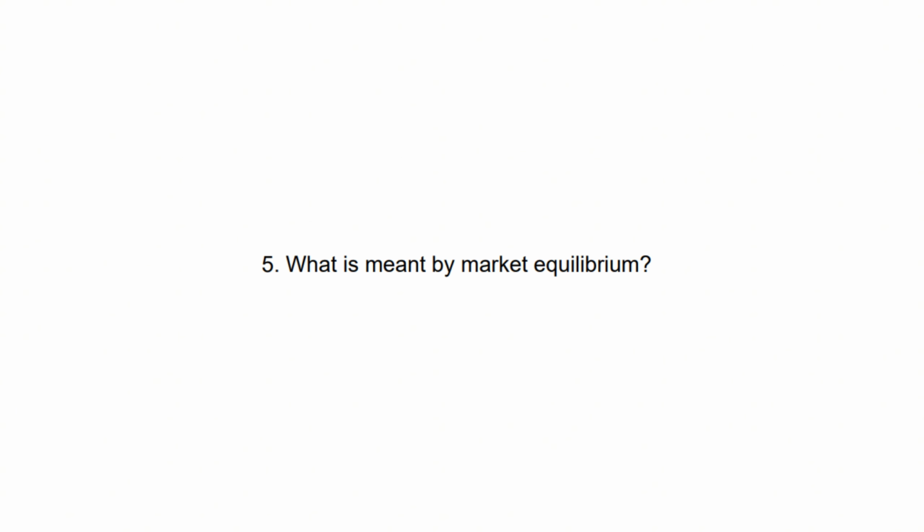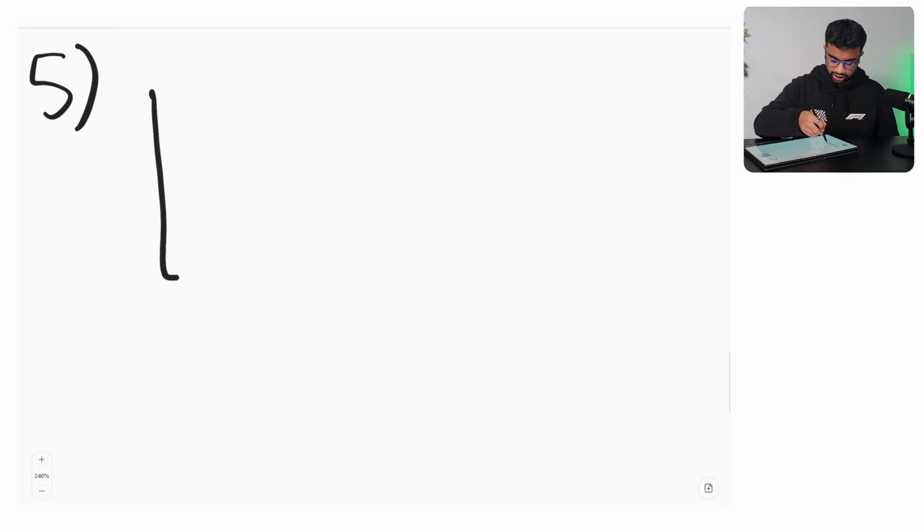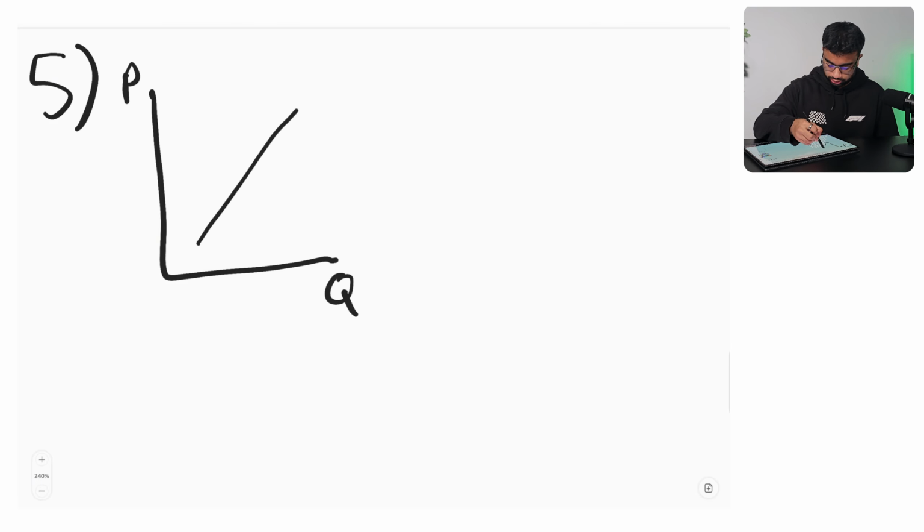Question 5 asks us what is meant by market equilibrium. So if you drew a diagram, it'd be easier for us to see this. You have price here and quantity here, and that is your supply curve, and that is your demand curve. Equilibrium is just any market where there is no excess demand or supply.